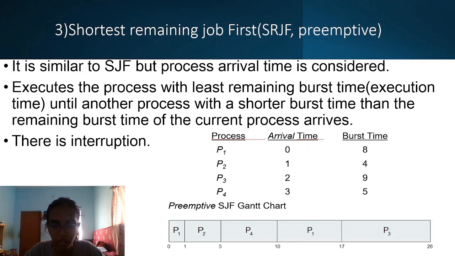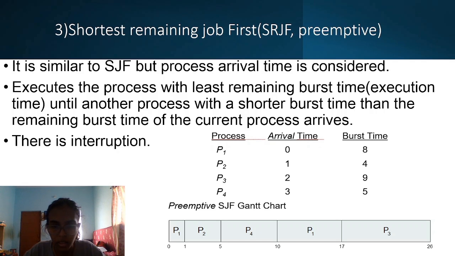Now let us look at the following Gantt chart. Here process P1 with burst time 8 arrives at time 0. Then it is executed until process P2 arrives at time 1, and process P1 is preempted. Since process P2 has burst time less than process P1, it is executed first. While process P2 is executed, process P3 and process P4 arrive at arrival time 2 and 3.